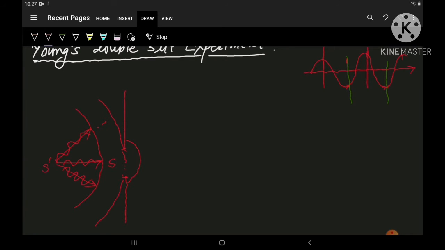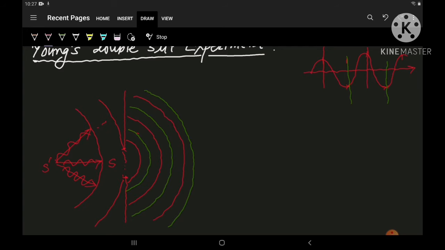So this is the first wavefront, and again suppose this is the second wavefront, and again first wavefront, then second wavefront, then first type, then second type.